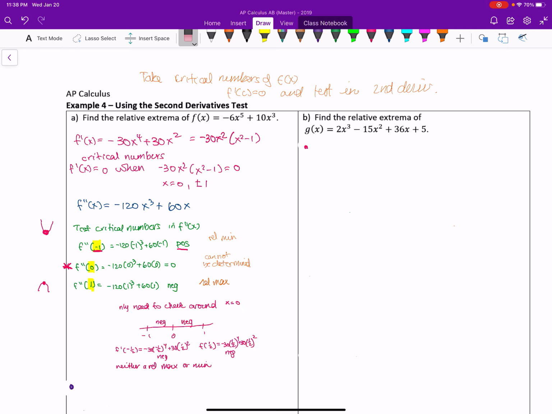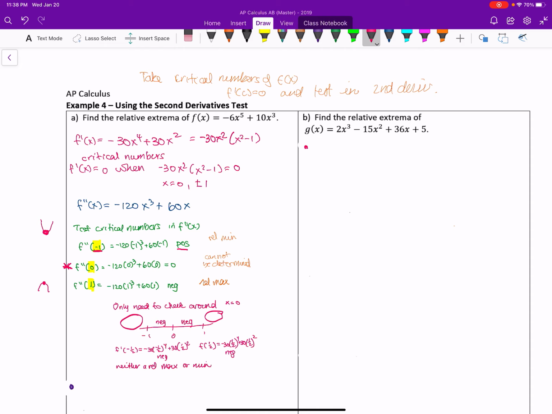We only need to check where it can't be determined. So if I already have the first derivative, I'm going to check surrounding just the 0. I don't need to check what's happening over here, because I already know that right here at x is equal to negative 1, it's a relative minimum. And at x is equal to positive 1, it's a relative maximum. So really all I need to concentrate on and test is surrounding the 0.